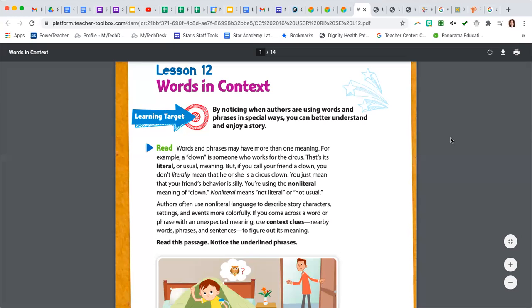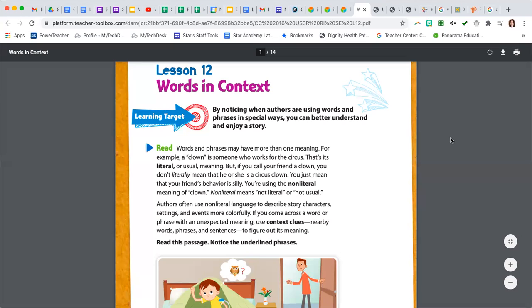This is what we're going to be taking a closer look at this week. Literal and non literal words, words in their context. So, in your textbook, please take a look right now at page 200, and this is also what you are seeing on the screen.